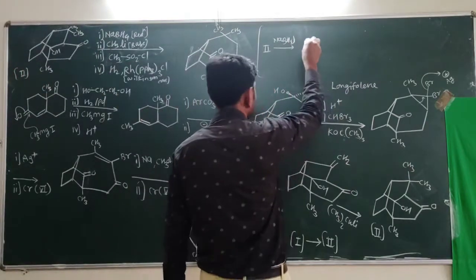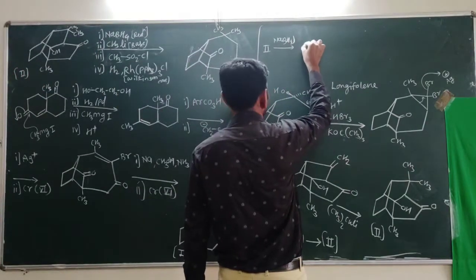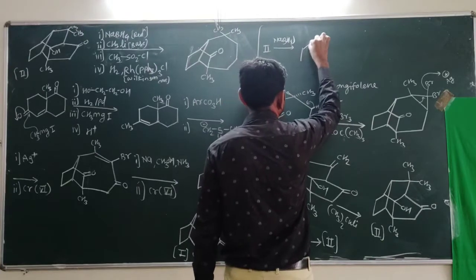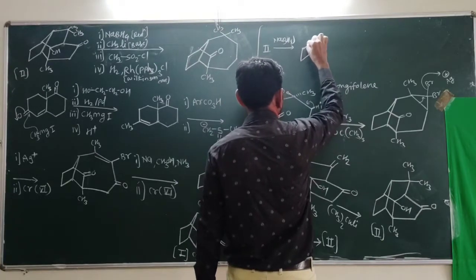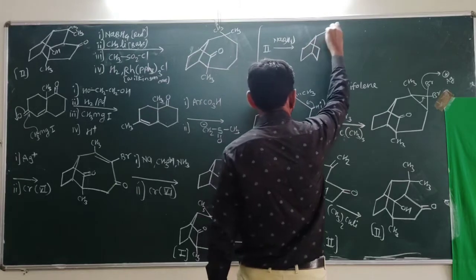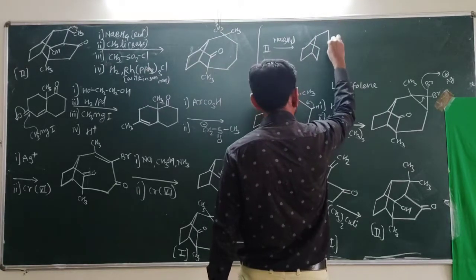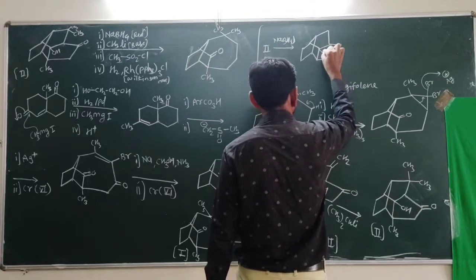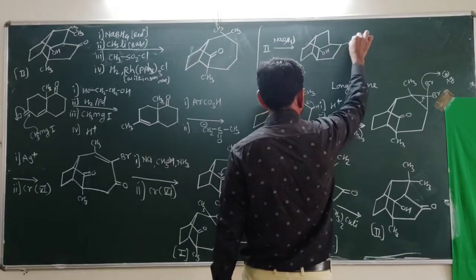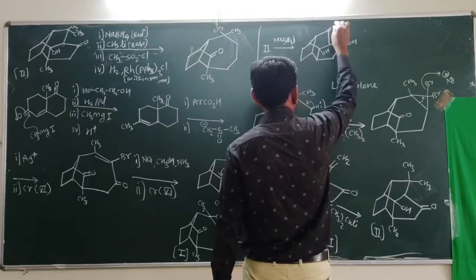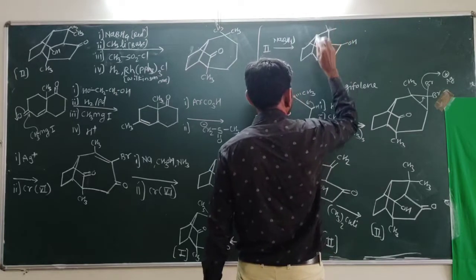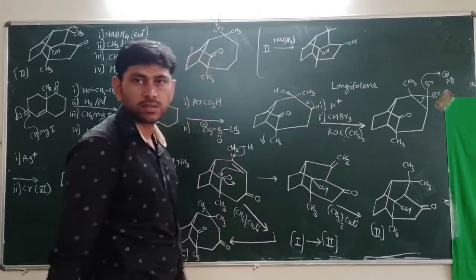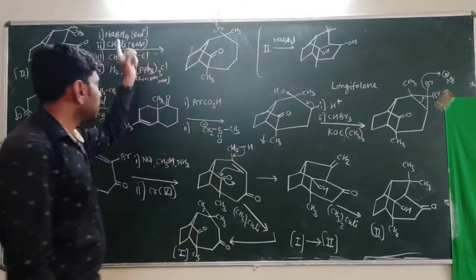After reduction, see here, I am writing this structure. This OH forms, again OH forms here after NaBH4 addition. Here CH3, and this is another CH3.